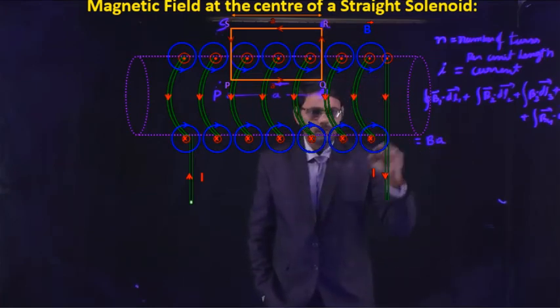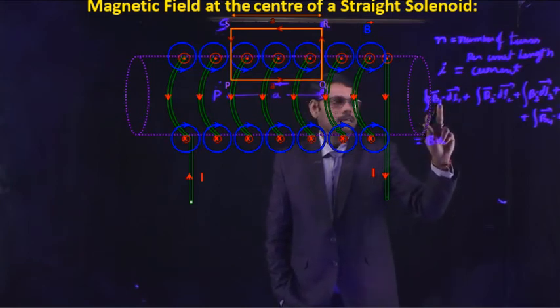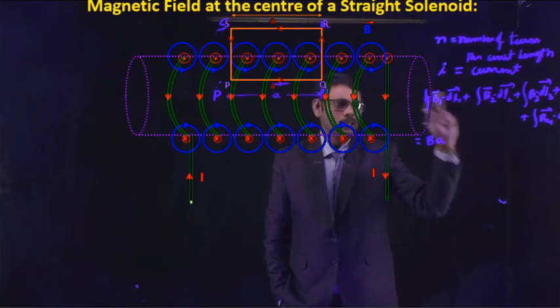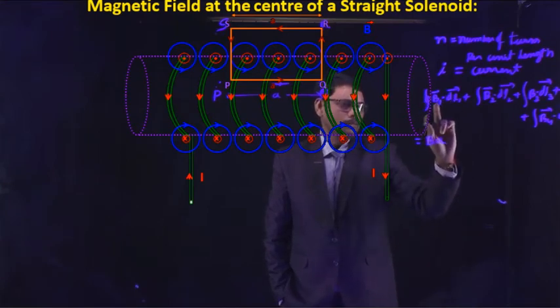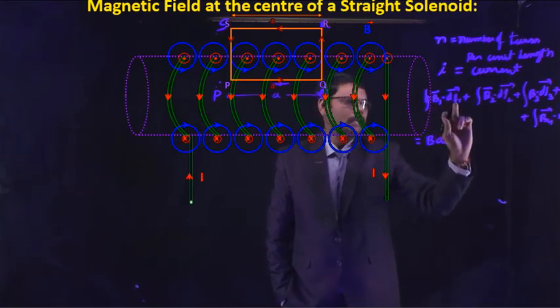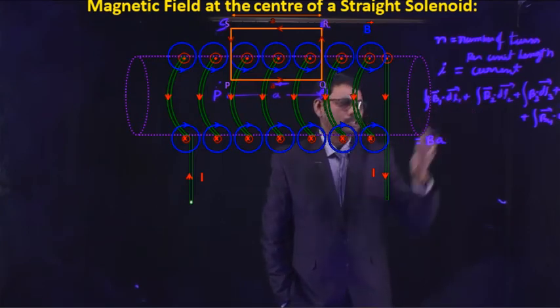I hope you followed it. The integral of B1, let it be B, dot dl means B dl cos 0, and cos 0 is 1. I am writing two to three steps here. The integral of B dl cos 0 is simple.